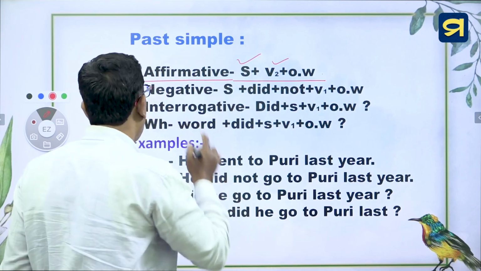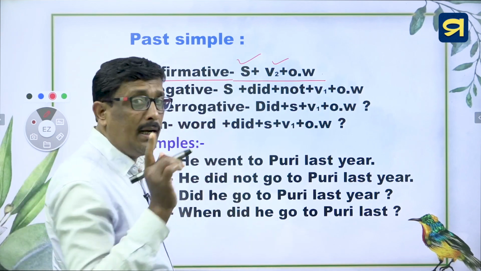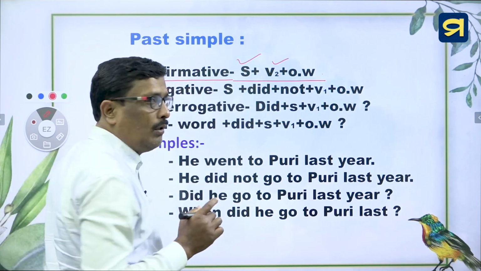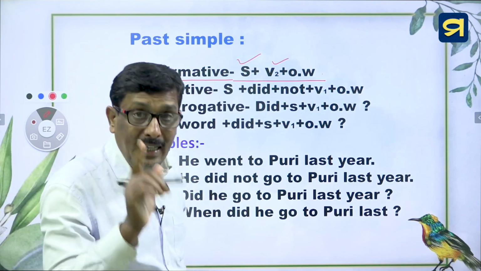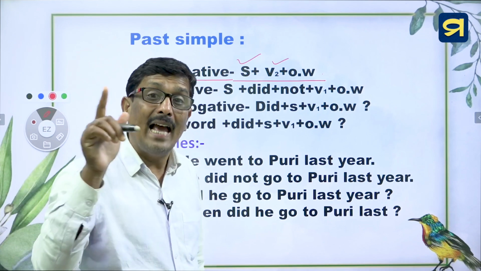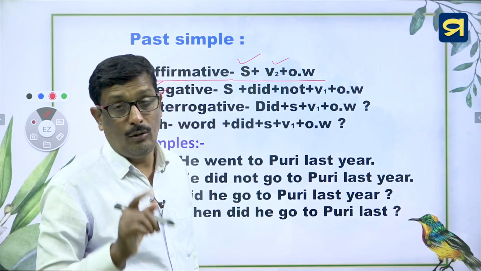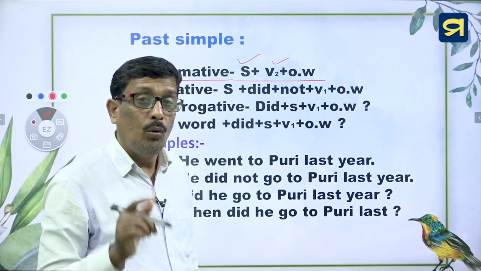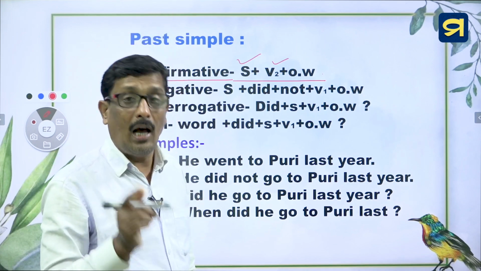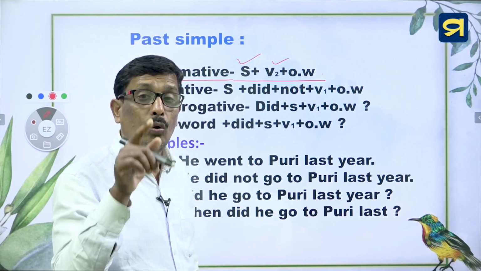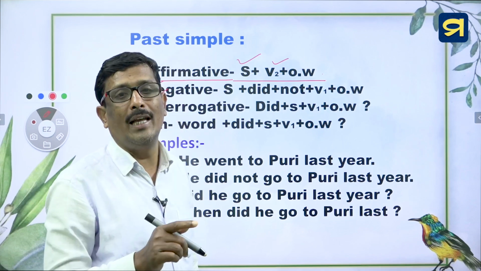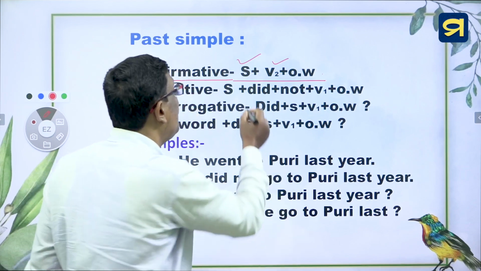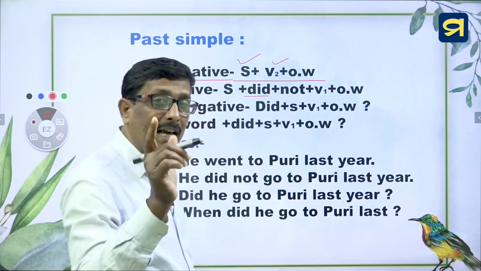But when you write a sentence in negative or interrogative, we have to use did as an auxiliary verb. You have to always remember. In simple present tense, we have already discussed how do or does is used as an auxiliary verb. Similarly, in simple past tense, did is used as an auxiliary verb.